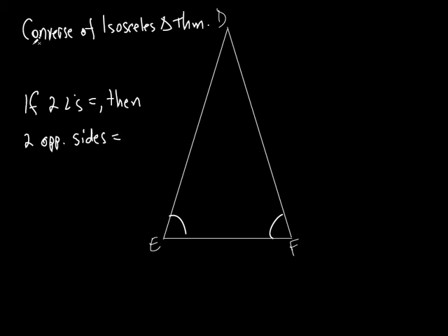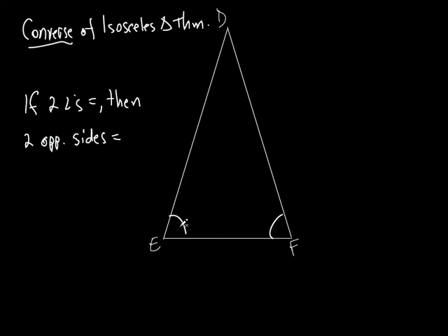All right, that's what the converse of it says. We changed the if and the then around, didn't we? Instead of saying if the two sides are equal, then the angles are equal, we changed it around and said if the two angles are equal, then the two opposite sides are equal. You see that? We just did a switch with the if and the then. That's what the converse does. It switches the if and the then.